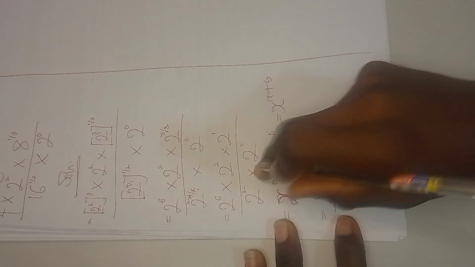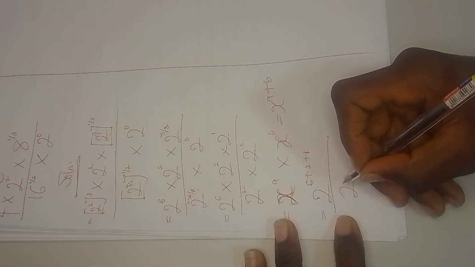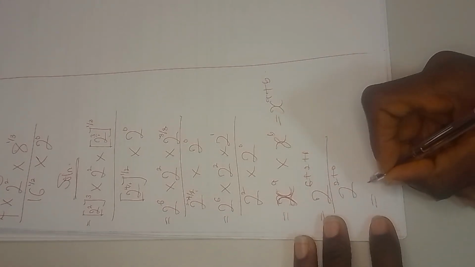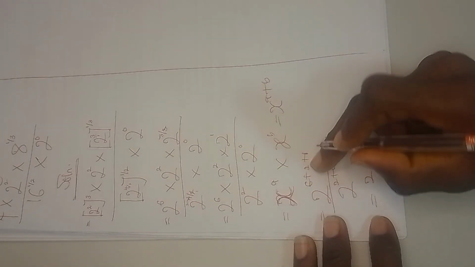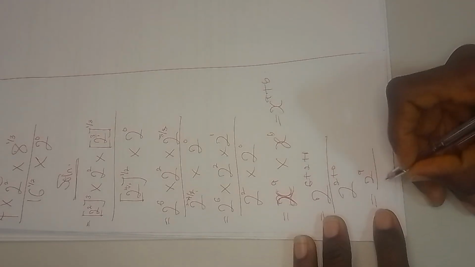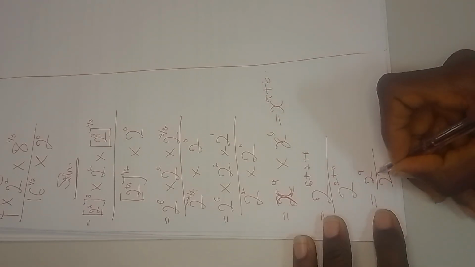And if you apply it to the one down here, you have 2 raised to the power of 2 plus 0. And so this will give you 2 raised to the power of 6 plus 2 is 8, 8 plus 1 is 9, over 2 raised to the power of 2 plus 0 is 2.